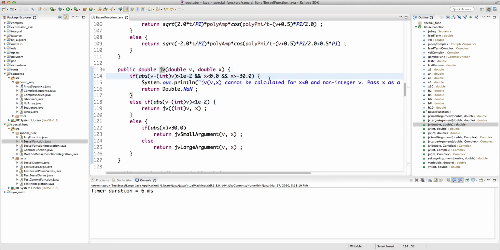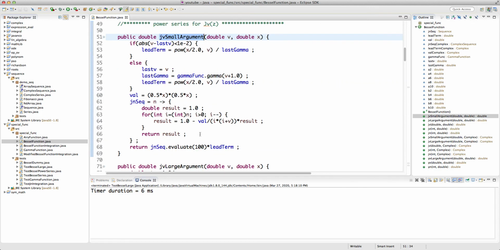So obviously we have to have 2 or 3 conditions. 2 conditions for checking whether or not we're dealing with small arguments or large arguments, right? So the first condition is that if nu is not an integer and x is negative, then our small argument approximation has a problem in this power, and the result becomes a complex number.